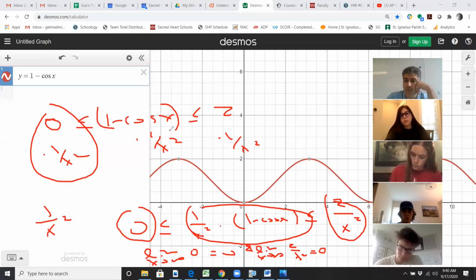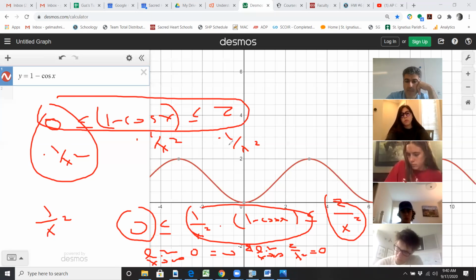And graphically, we see it's between 0 and 2. So you start your sandwich that way. You do your upgrade by multiplying 1 over x squared, so you get what you truly want. And you find the limits of the far left and far right functions, which are 0. Limit as x approaches infinity of 0 is 0. Limit of this is also going to be 0. So yeah, that's what happens there.